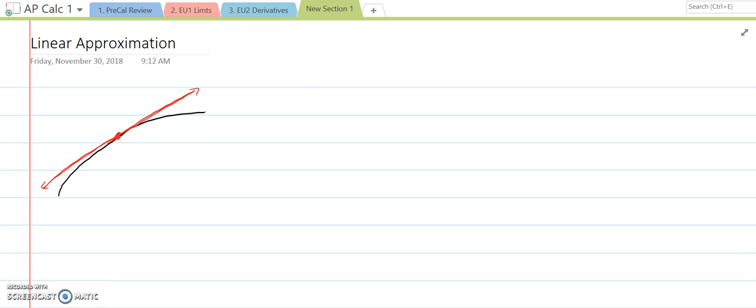But I want you to start to think about this tangent line as potentially being an estimator. If we use the tangent line as an estimator for this actual function, it's not really a good estimator once we get here.